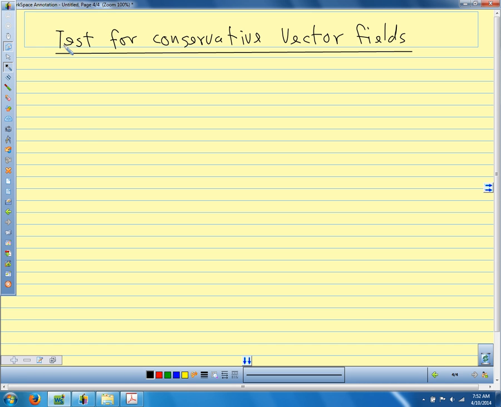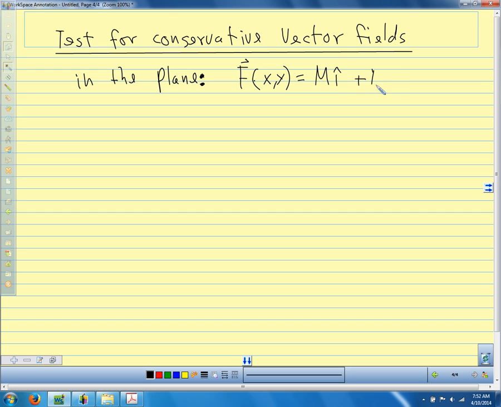All right, so in the plane, we're talking about a vector field in the plane right now. F of x, y, our vector field, is M i plus N j.